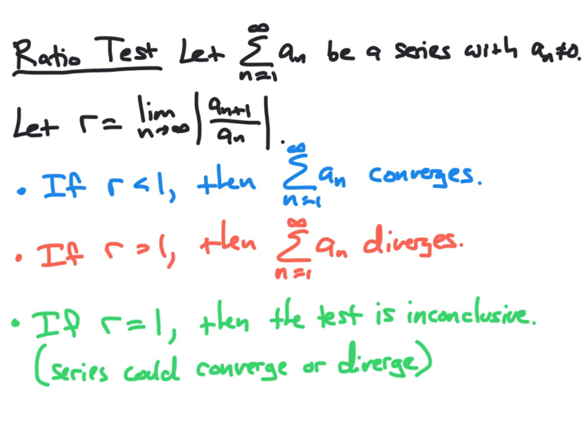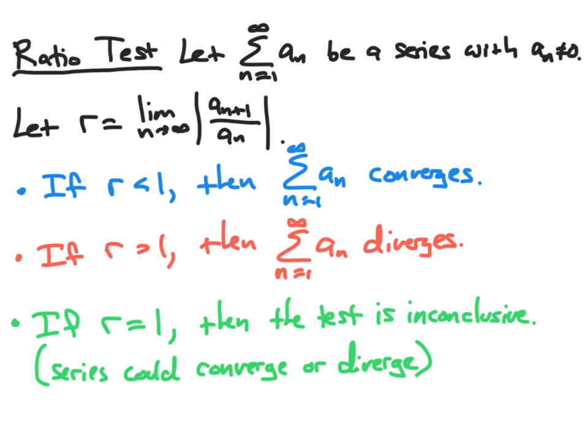This quantity inside the absolute value is just the ratio of two consecutive terms in our series, the n plus first term divided by the nth term. We take the absolute value to give us a positive value there, and then we take the limit as n goes to infinity to account for taking this ratio very far out in the series.